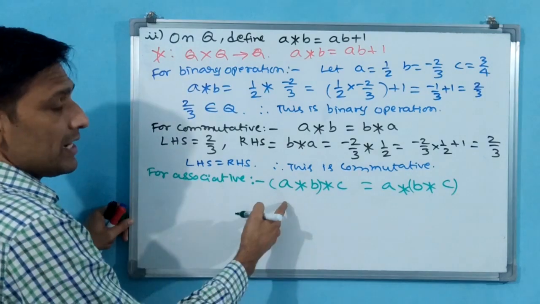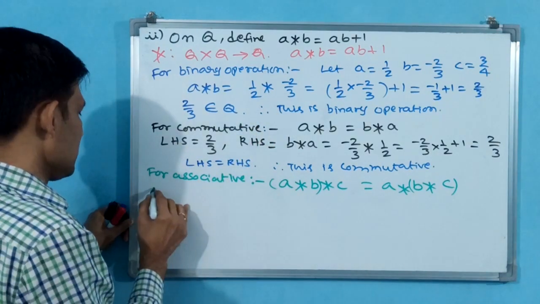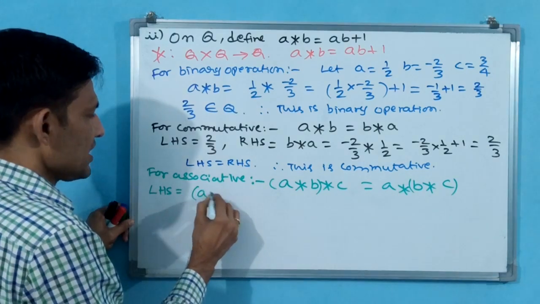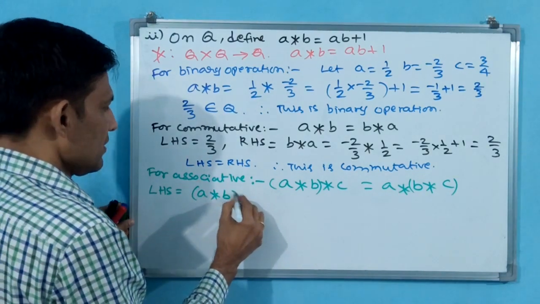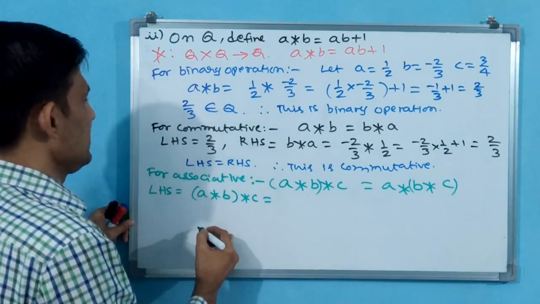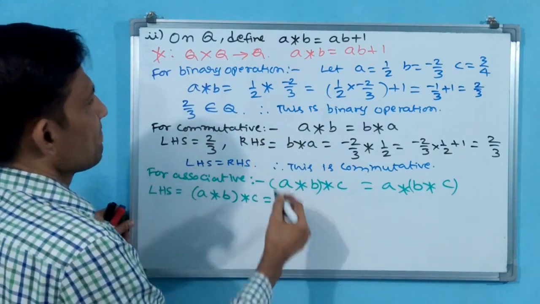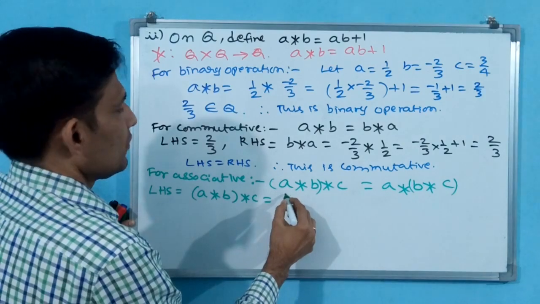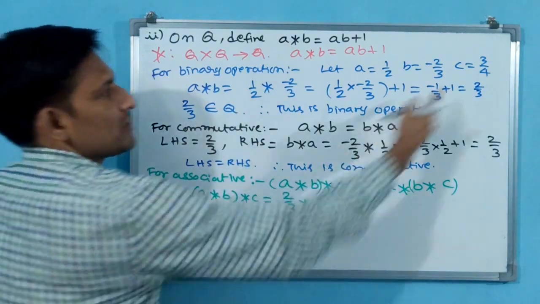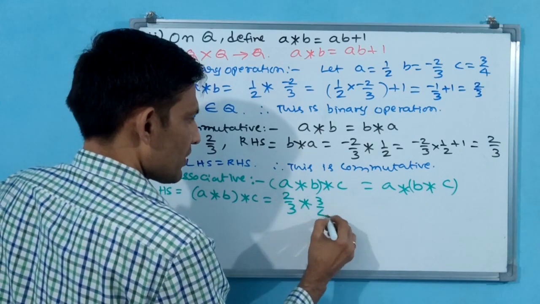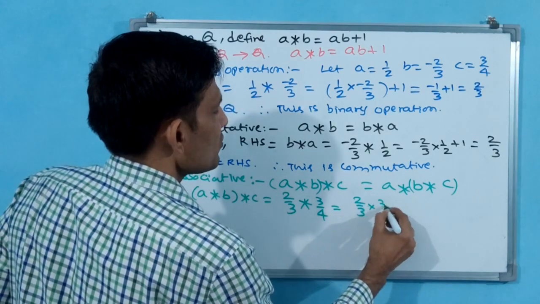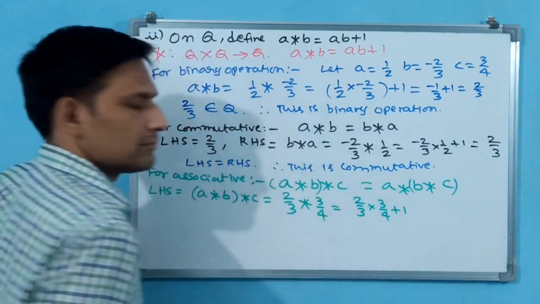Now the LHS, A star B, you already have. LHS is equal to A star B star C, is equal to A star B, how much? 2 by 3 star C. C is 3 by 4. That is equal to 2 by 3 into 3 by 4 plus 1.